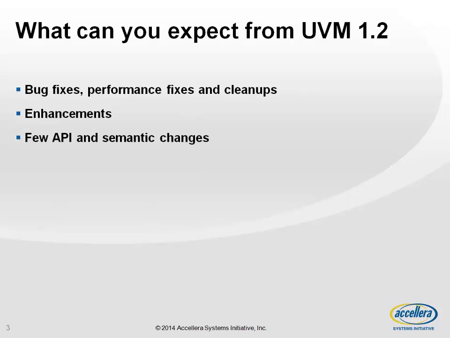We will see, of course, there are API and semantic changes. So in UVM 1.1a, 1.1b, 1.1c, 1.1d, we tried to retain the same API. We didn't change the API, we didn't change the semantics, and it was really a critical bug fix. So they are compatible. If we move to UVM 1.2, most likely that isn't true.